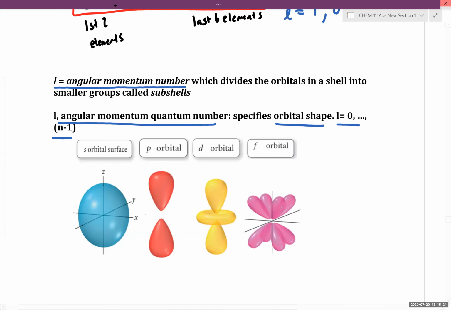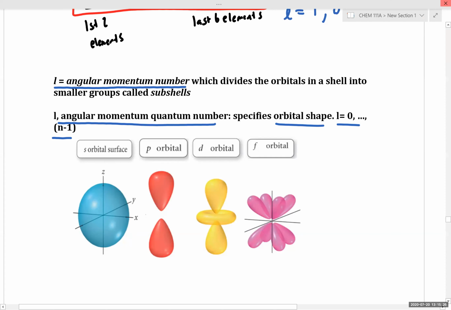To describe the different types of orbitals that result from different l values, the s orbital corresponds to l equals 0, the p orbital corresponds to l equals 1, the d orbital corresponds to l equals 2, and the f orbital corresponds to l equals 3.